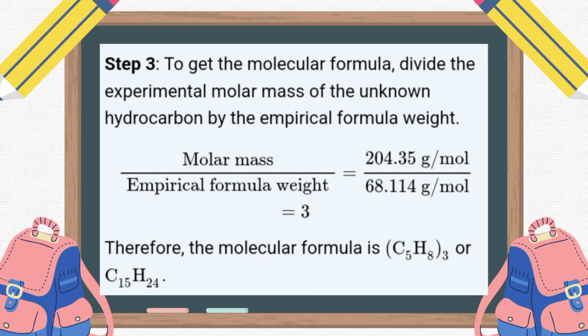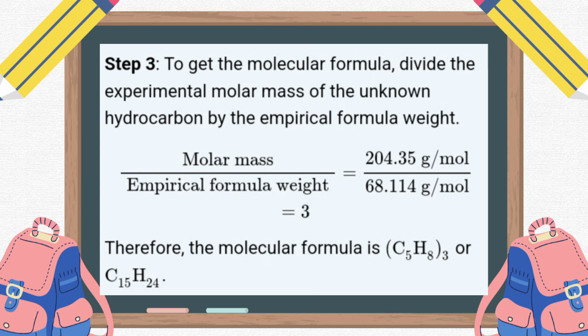So therefore, we need to multiply the subscripts of the empirical formula by 3. So C5 times 3 is 15. And 8 times 3, that would be 24. So the formula is C15H24. So that's the molecular formula and that's the final answer to this problem.